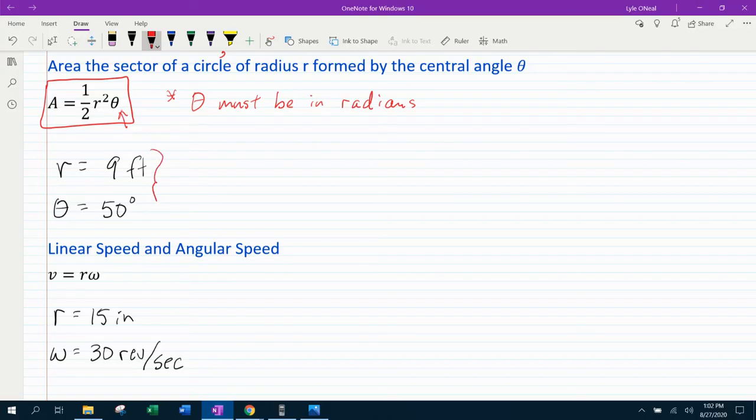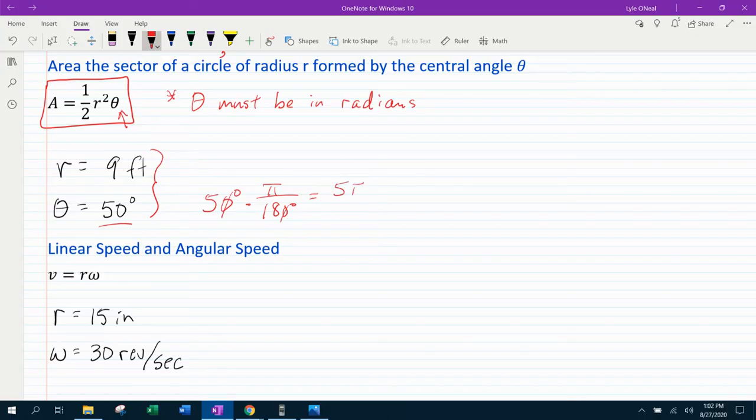So again, we have another example here. We're given a radius of 9 feet and a central angle of 50 degrees. We want to find the area of this sector. And so the first thing we're going to have to do, since we're given a degree, is convert it to radians. So we have pi over 180. That's our converter. Divide by 10.